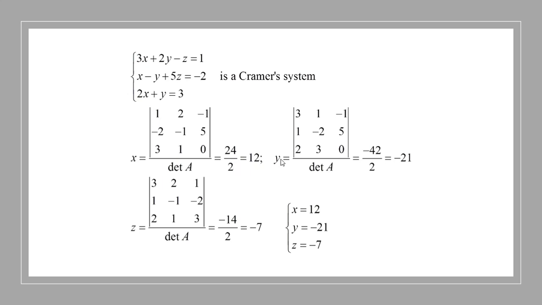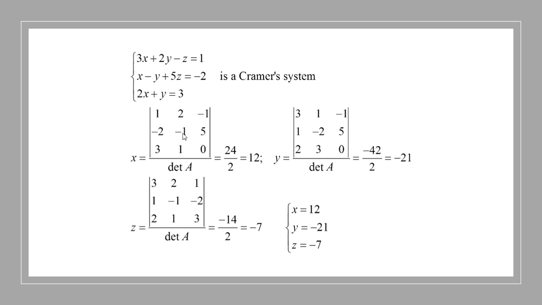When you find the value of y, you will not write 2, minus 1 and 1; you will write 1, minus 2 and 3. And when you find the value of z, you will not write minus 1, 5 and 0; you will write 1, minus 2 and 3 there.